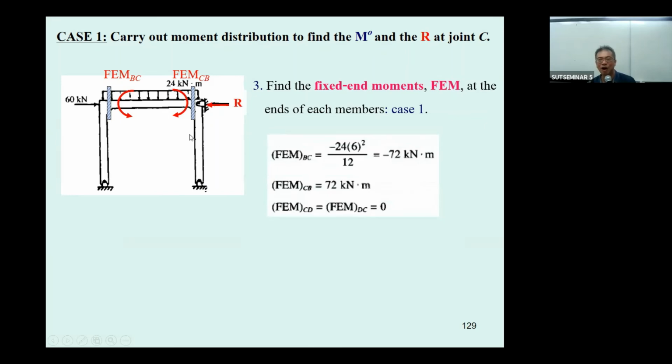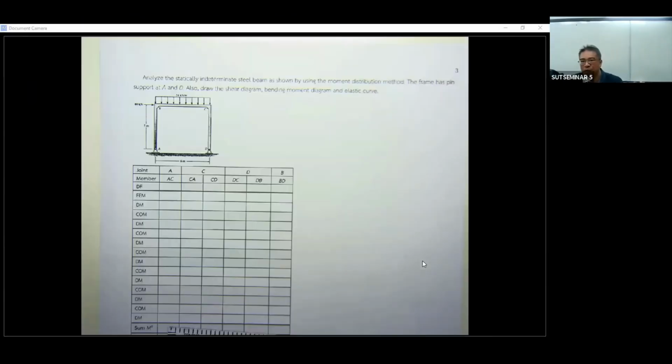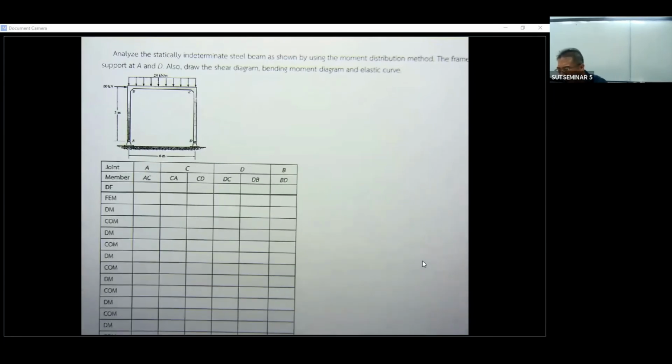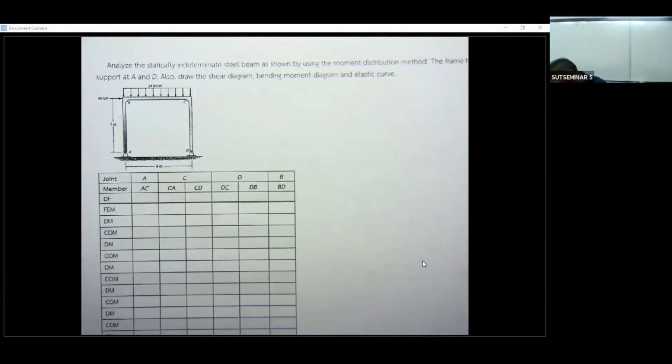Okay, and for the column, they are 0. Let me put everything into the table, and I will show you over here for the moment distribution to give you more in-depth on how we do the moment distribution, since it's important to do so.